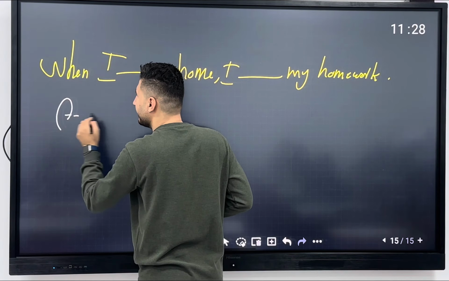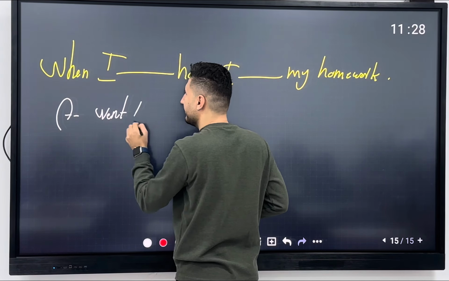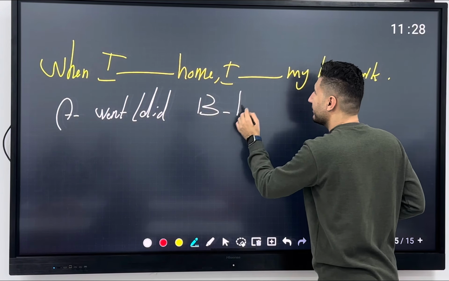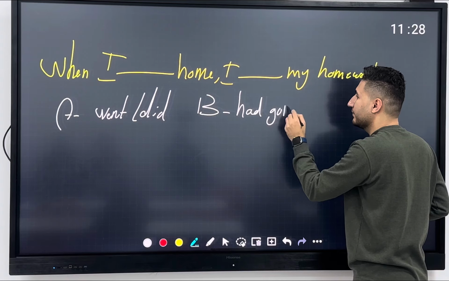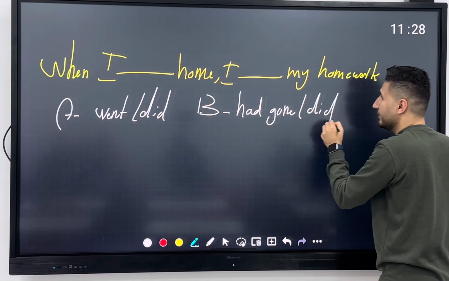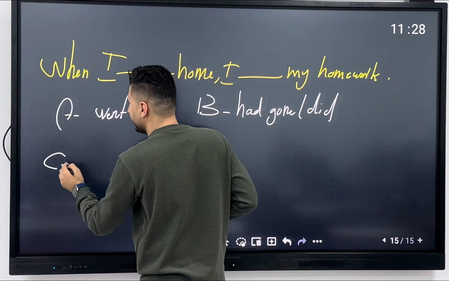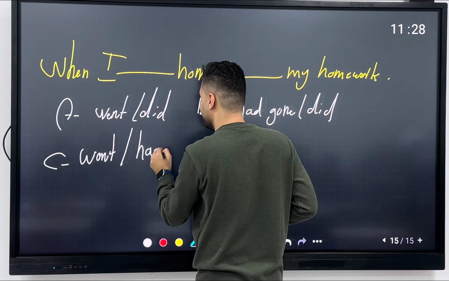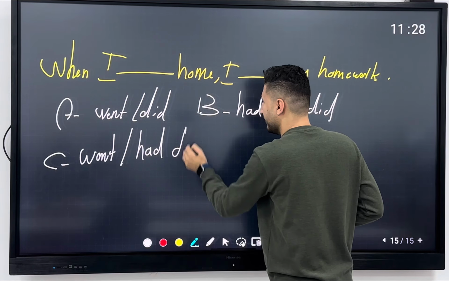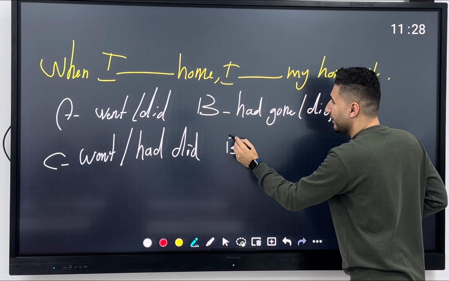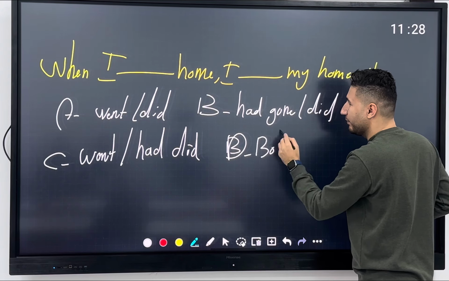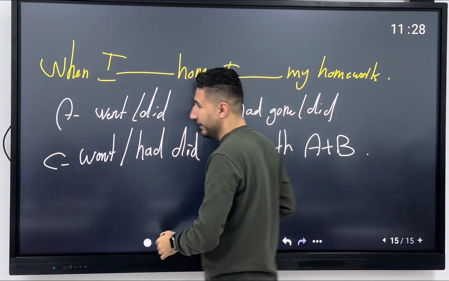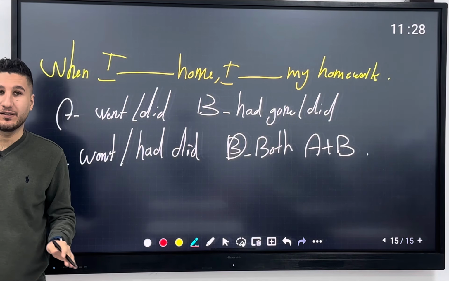A, B, C, D, last one D, both A plus B. Which one do you think is correct grammatically?